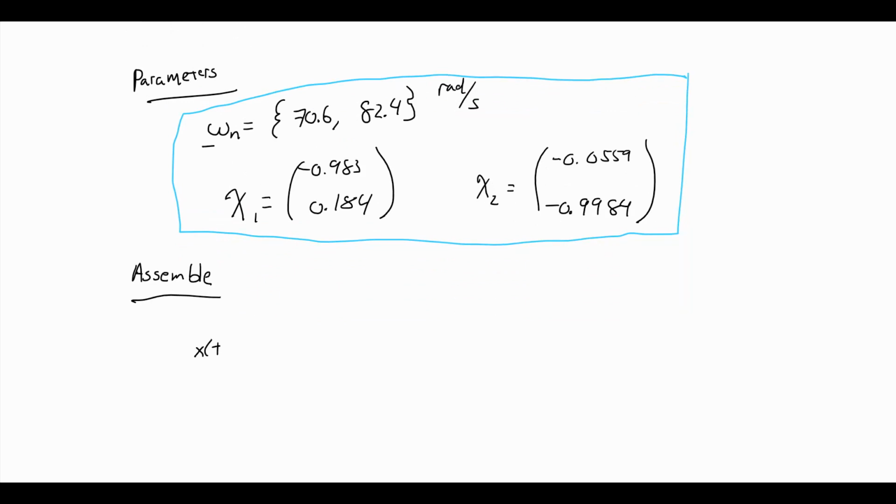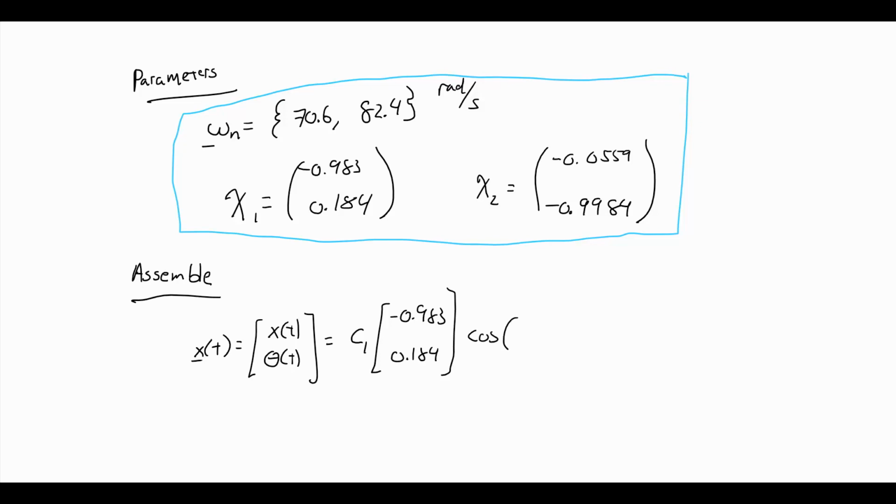But our x of t, which is going to be our little x of t, theta of t, based on these degrees of freedom, will be C1 if we found it, times that first mode shape, times the cosine of 70.6 t plus phi1, plus C2 based on the initial condition, times negative 0.0559, negative 0.998, cosine of the second natural frequency times t plus phi2.